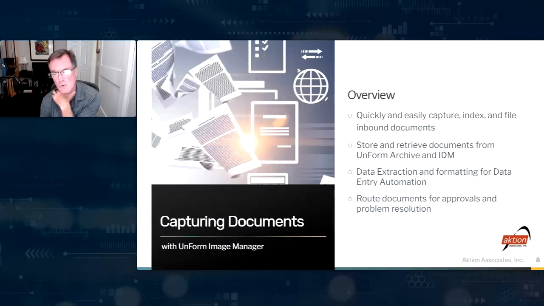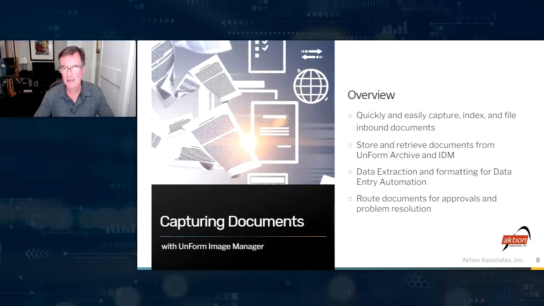We're going to show a little bit about how we can extract data from documents, and when we do that, we can do a variety of things. Not only can we store and index them, but we can actually extract data from documents and use that to create electronic transactions. So the goal there would be to create an electronic transaction from a paper document that can be automatically imported into the ERP so that you're not having to do the data entry to get those documents in.